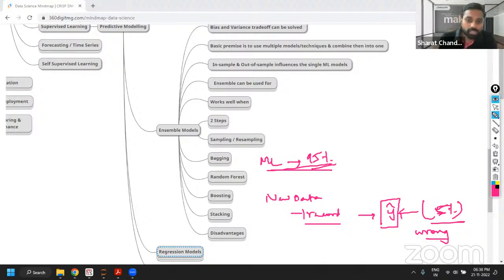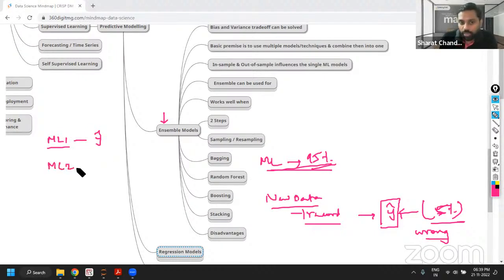So hence we resort to ensemble techniques, which improve reliability. The logic is simple. I will take machine learning model 1, irrespective of the accuracy. Let's not get into the accuracy point. I will predict the result on the new data using model 1 and get some result.